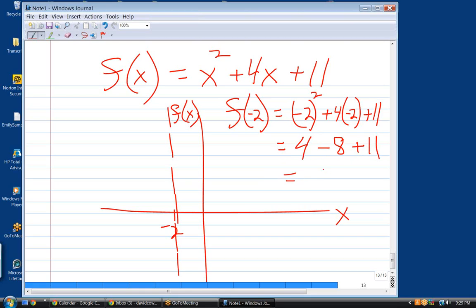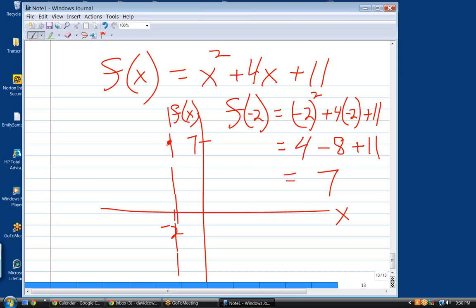In other words, you can avoid going through the negative number. Again, avoid negative numbers if you can. That tells me that the y-coordinate of the vertex is 7.